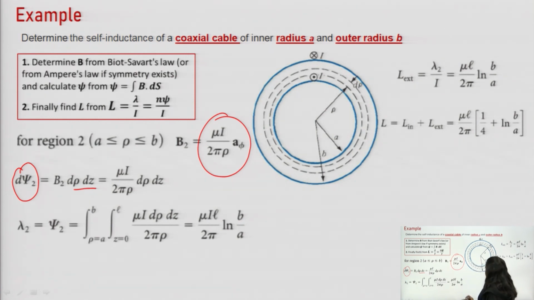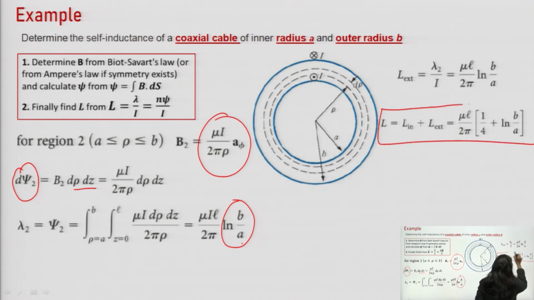So we can write ln b minus ln a. Finally, we get the external self inductance for the external conductor, and the total self inductance is the summation of internal and external. So we got the value of this.